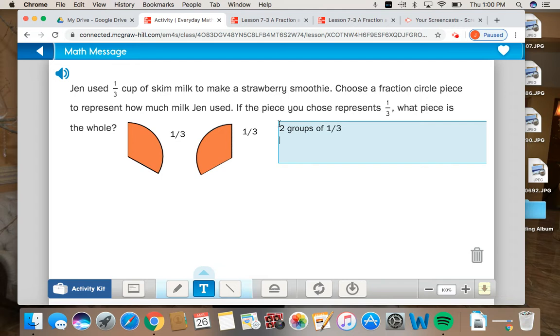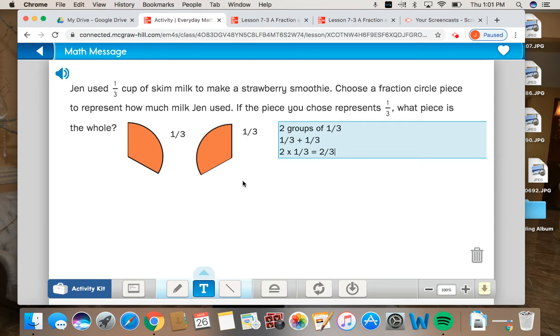As an addition equation, it would be 1/3 plus 1/3. A multiplication equation would look like 2 times 1/3. And I can tell by looking at this, 1/3 plus 1/3 equals 2/3.